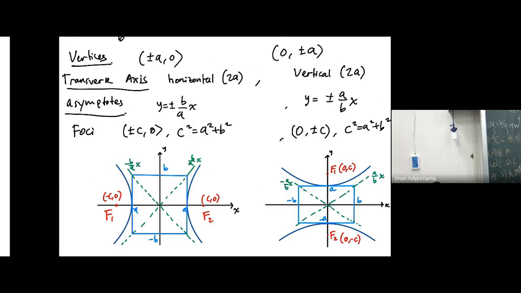It's better if you focus on this box. So draw the box, and then shift the box, and then draw the hyperbola. That would be, I think, much easier. So there are two ways around. The first one is we shift the center point, and then draw the box. Or you draw the box first and then shift it. Both ways give the same results.